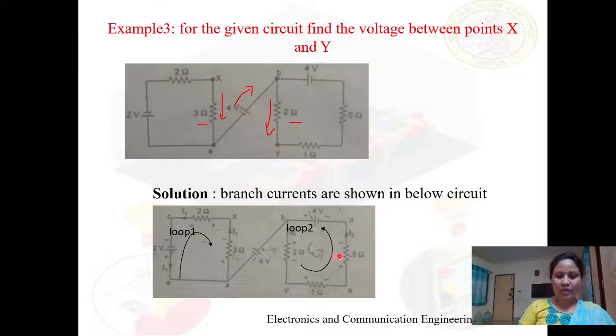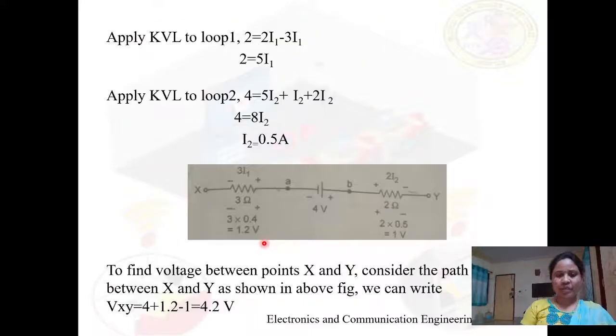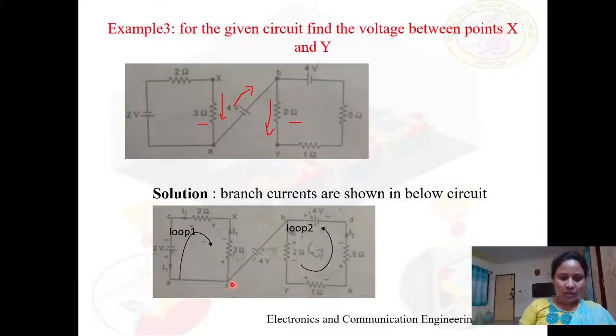Similarly, at the other end, you can just notice plus at this point, so plus minus we will write, and here negative on the other side, so minus plus we will write here. So assuming the current directions, we can write the first loop equation.